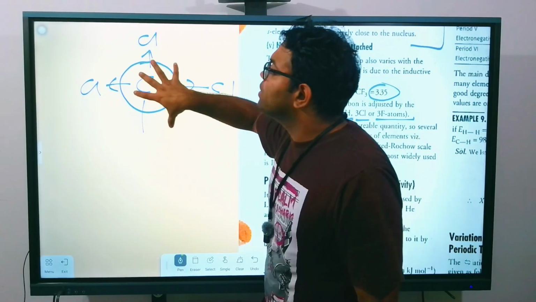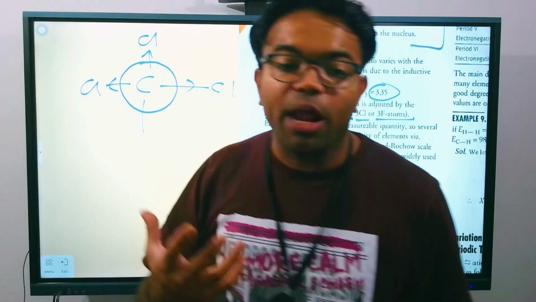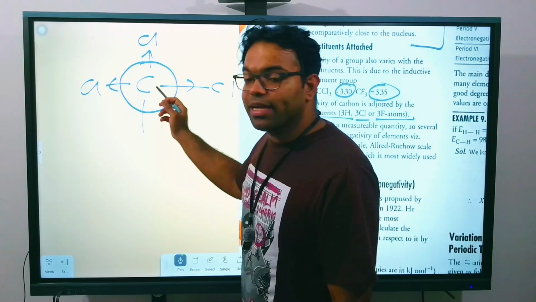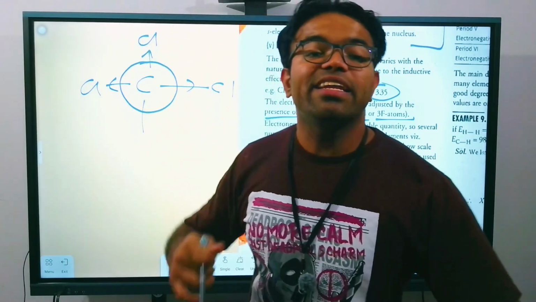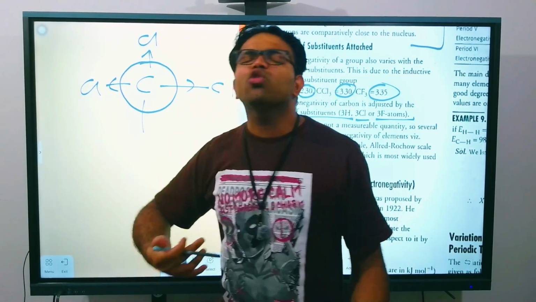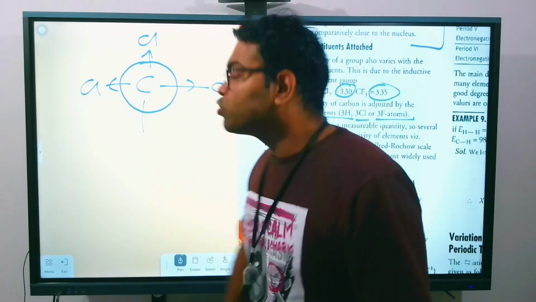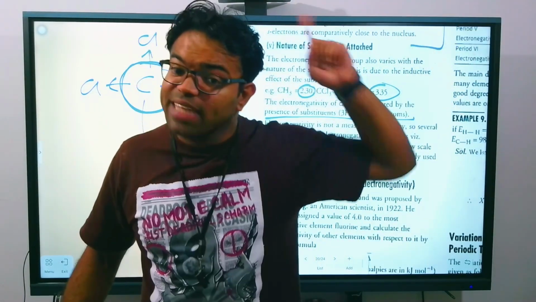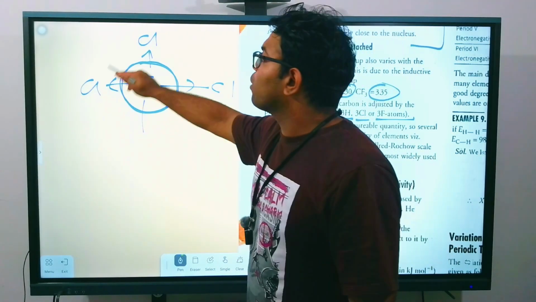Therefore, the overall positive charge on the carbon atom has shot up. Therefore, this carbon atom with its newfound partial positive charge is now able to attract the electrons in whichever molecule it binds with much closer to itself. So the overall electronegativity of this carbon atom has changed. The same carbon atom has now become more selfish when it is surrounded by chlorine.